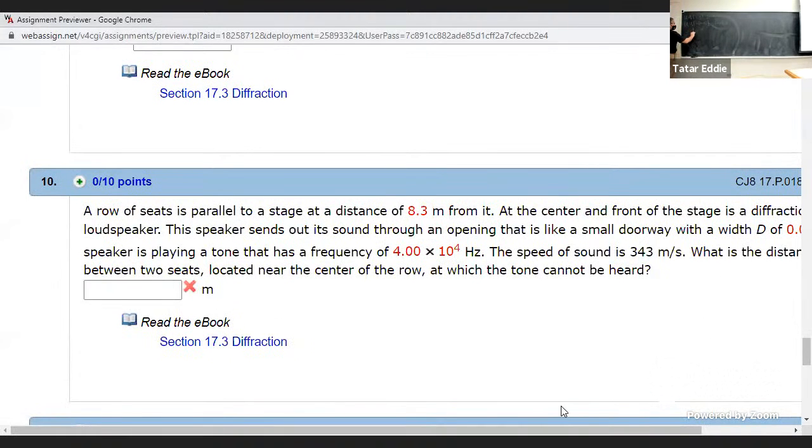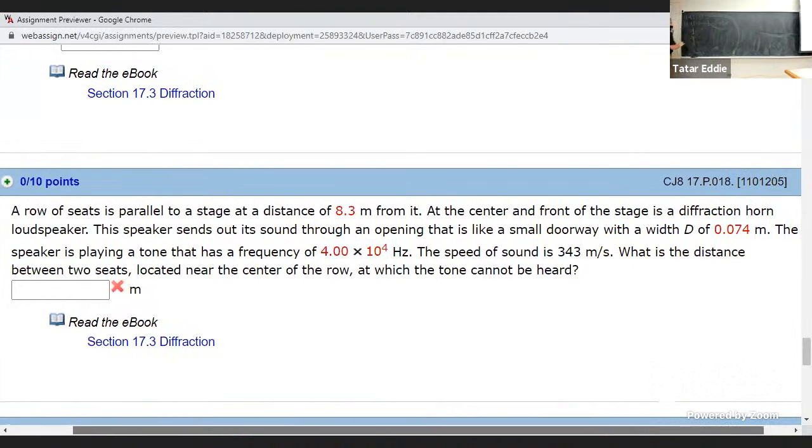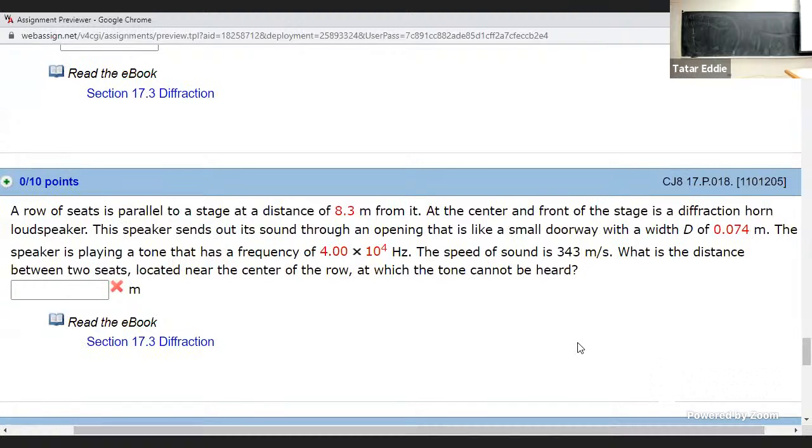Let's say that you have a wall, another wall here, and an opening in this wall with a rectangular shape, and let's say that the width of the opening is d. And now imagine that you have a sound wave, or any other wave for that matter, coming perpendicularly to the wall. What do you expect to see on the wall?